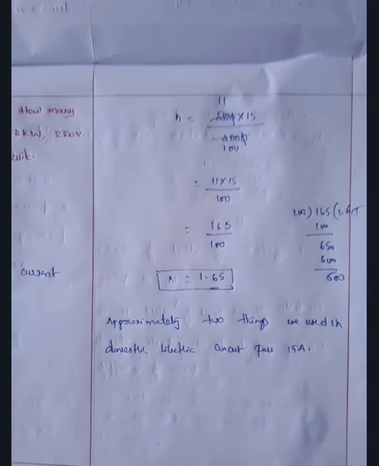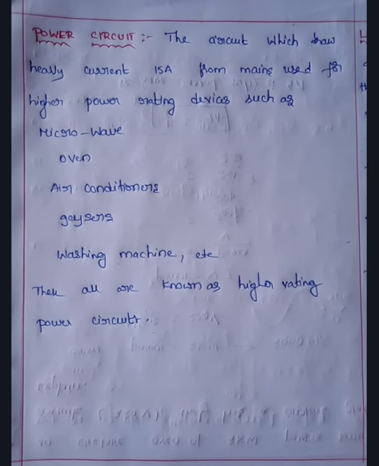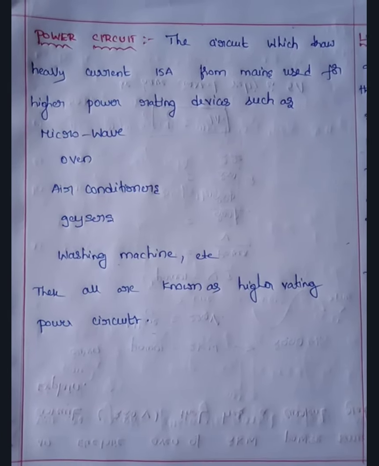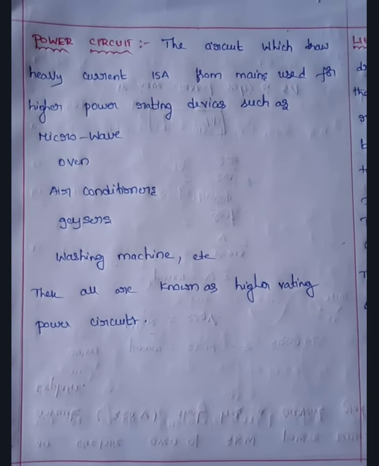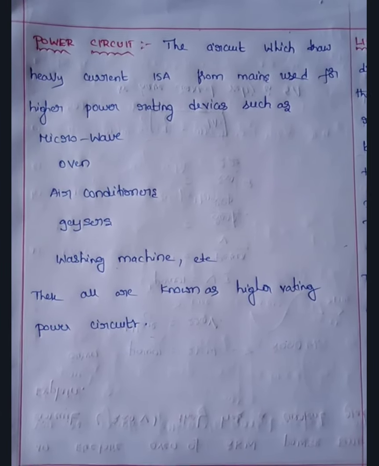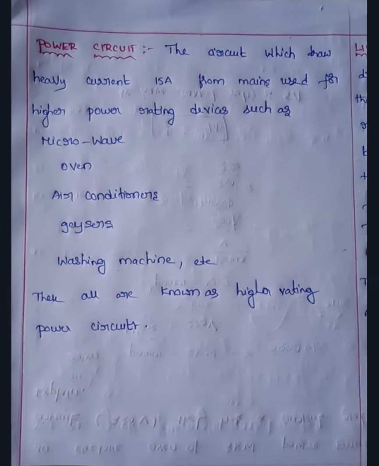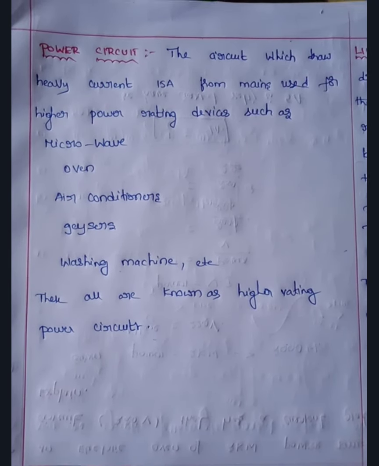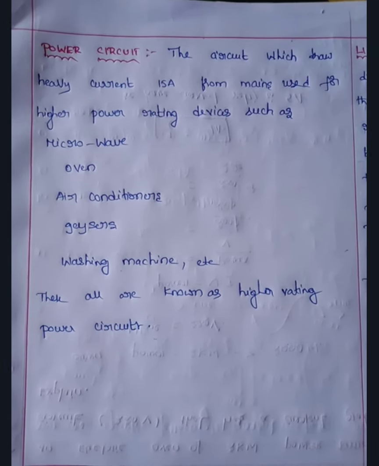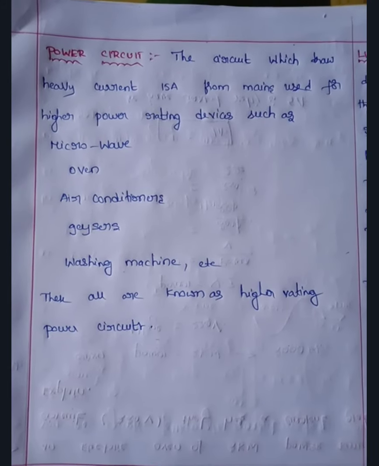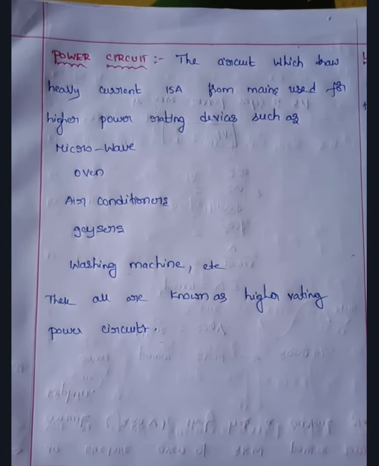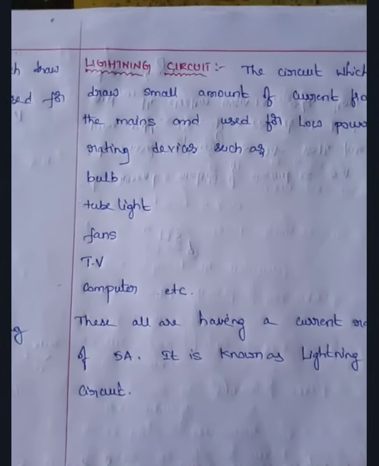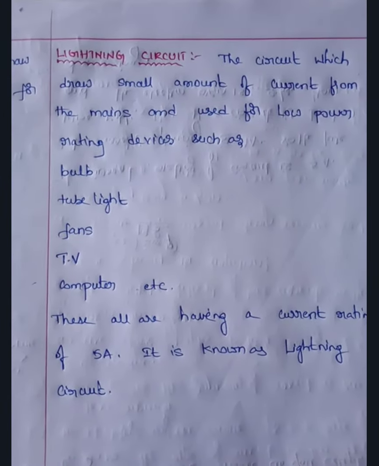In the last two problems we observed one high power rating circuit and another low power rating circuit. The high power circuit is called a power circuit, and the low power circuit is called a lighting circuit.